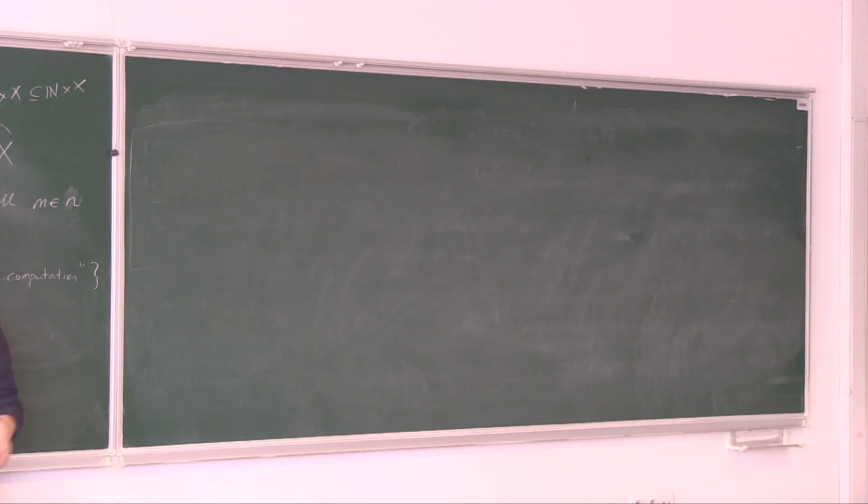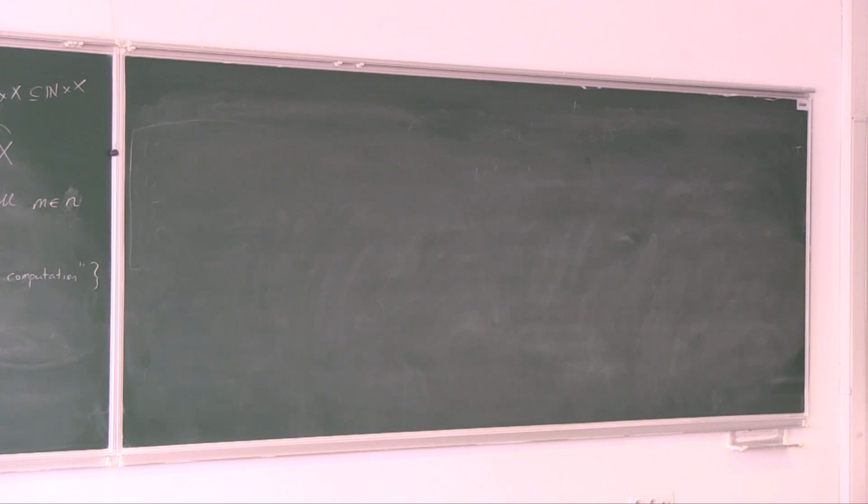I said, if you have a collection of compatible functions, take their union, that's a function. You remember that exercise? If you have a collection of functions which are all pairwise compatible, take their union, that's a function as well. I have a collection of functions, and I want to prove that their union is a function. It suffices to prove that these are pairwise compatible.